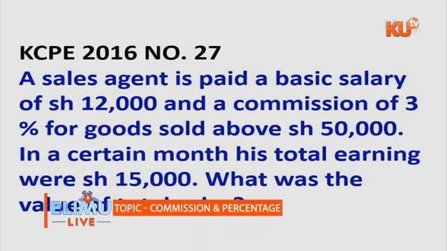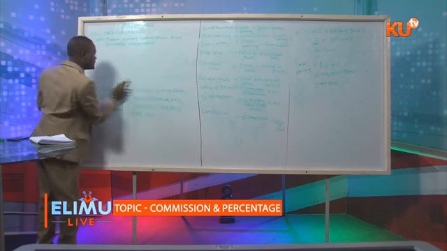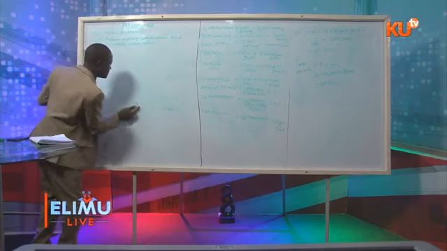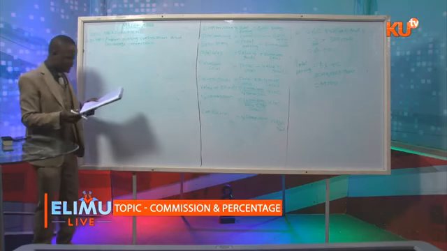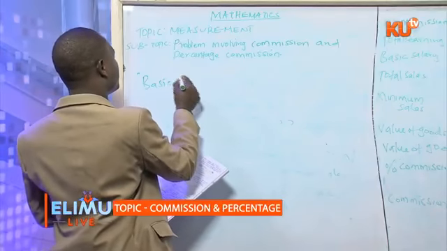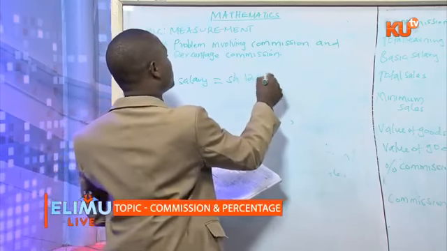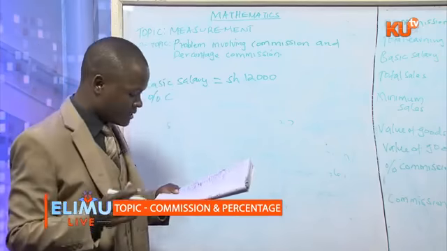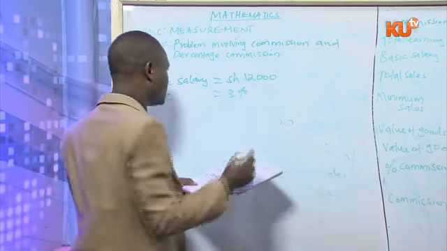So to work out that question, I want us to write the information first on the whiteboard. Then we can be able to know what to do. So this is 2016 about total sales. A sales agent is paid the basic salary of 12,000. So basic salary is 12,000 shillings. And then the percentage commission, according to the question, is 3%.